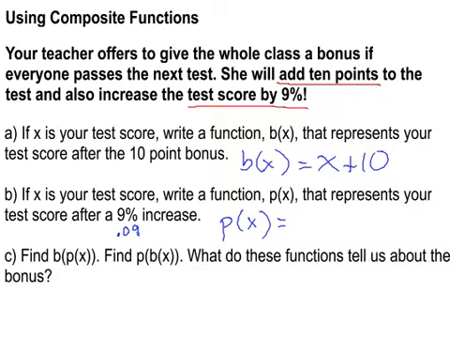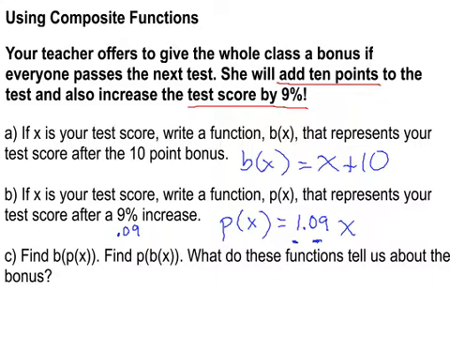If I multiply by 0.09, I would be finding 9% of my score. But I want to add that to my existing score. So one way to do that would be to take my test score and multiply it by 1.09. Essentially, we're multiplying my test score by 1 plus 9% more. So p of x represents my test score after a 9% increase.